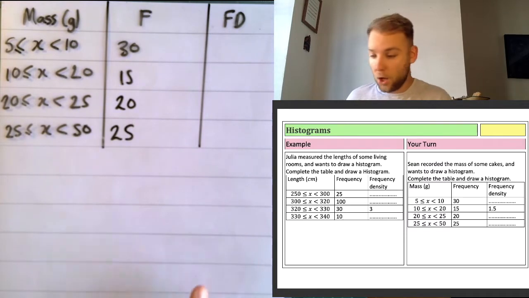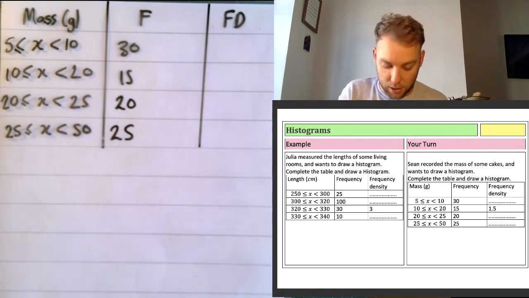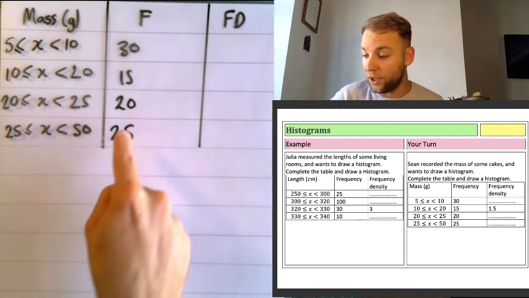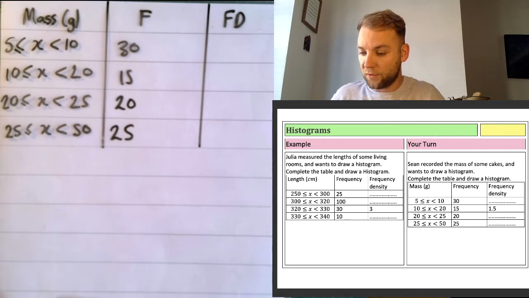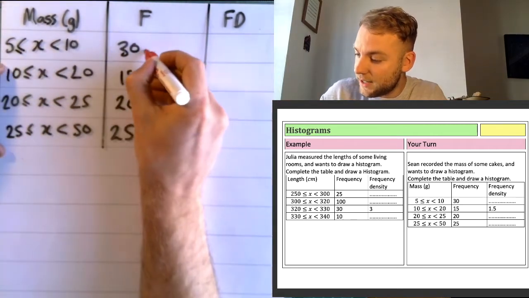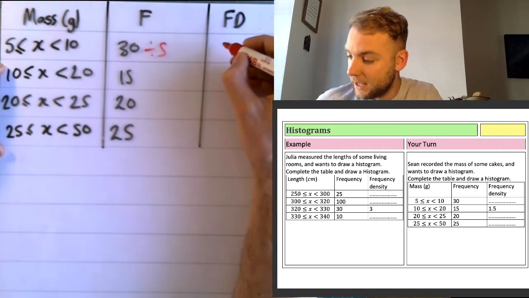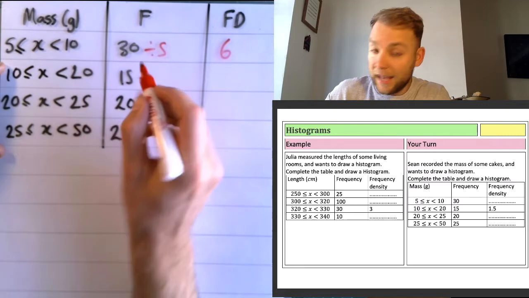Now remember, we've got to work out the frequency density, which is going to be the height of our bars, and we do that by doing the frequency divided by the class width, which is there. So this first one, the width between 5 and 10 is 5. So 30 divided by 5, which is going to be 6. Between 10 and 20 is 10.